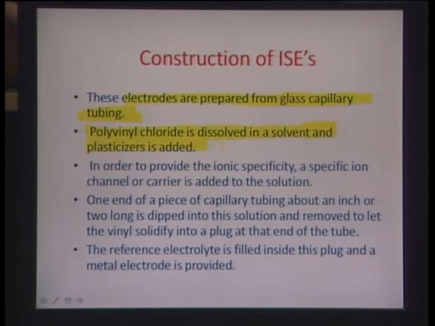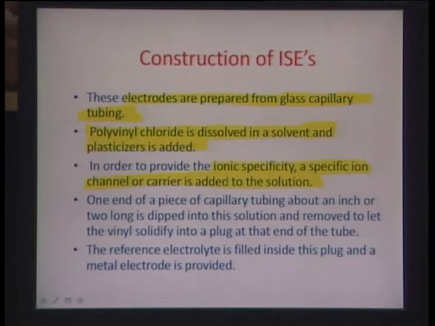And so, this particular ion specific material, whatever you have to design, is added to this solution, and then the capillary is dipped into the solution, and the solution gets into the end and forms a small plug.